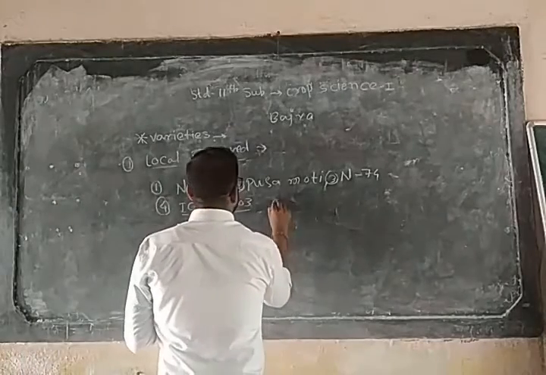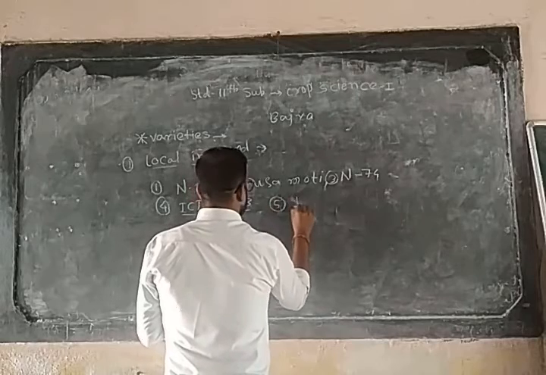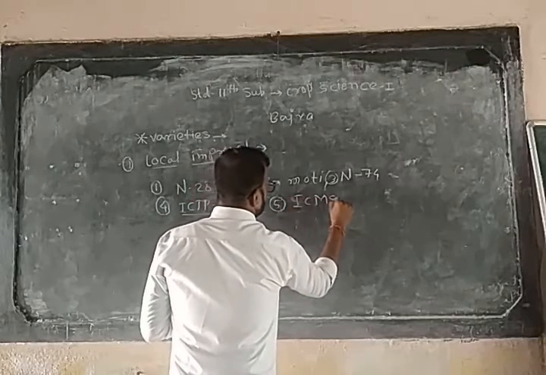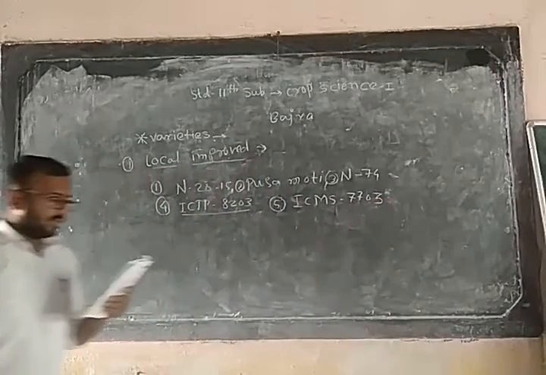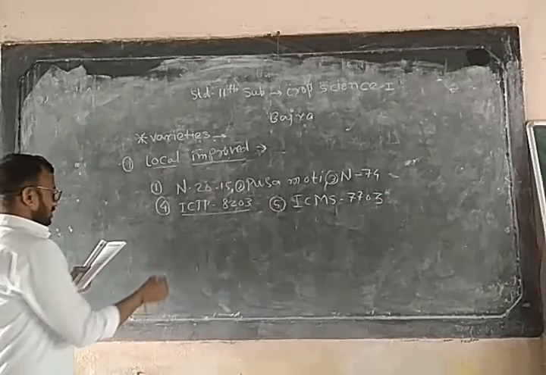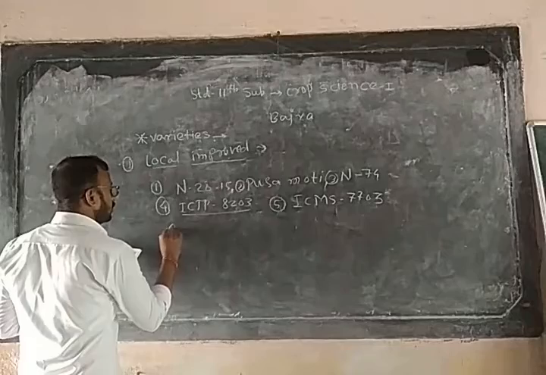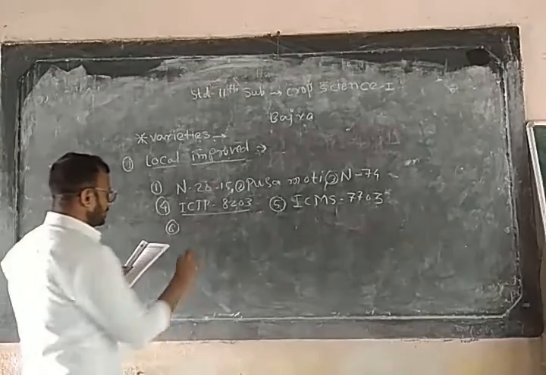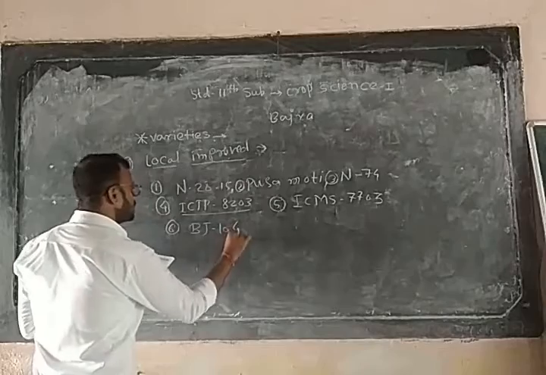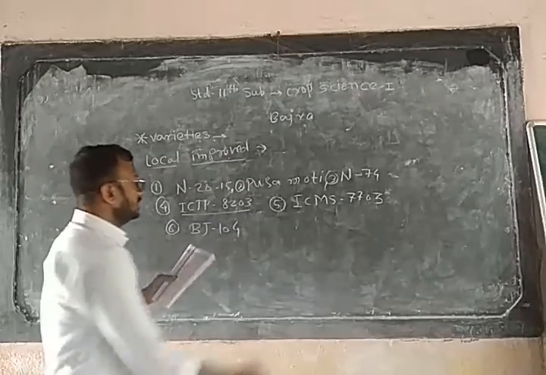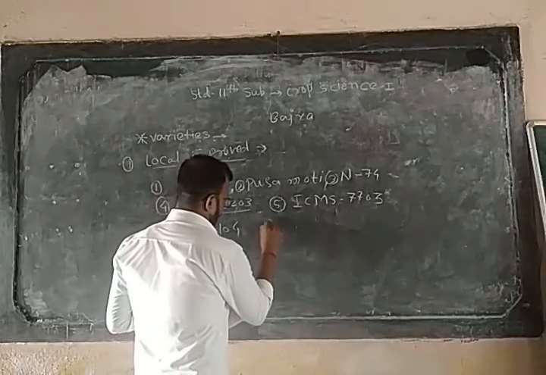Then the next variety, ICMS 7703. This is also a most popular variety. Then the next variety BJ104, then CJ104, the seventh variety.